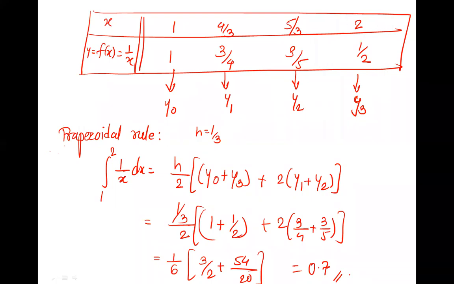If you are getting something else, please let me know. So by trapezoidal rule, you got this value 0.7. But the question is compare it with exact value. So exactly we are going to solve this and compare with the exact one. So can you solve the integration and check the value, whether it is 0.7 or not?